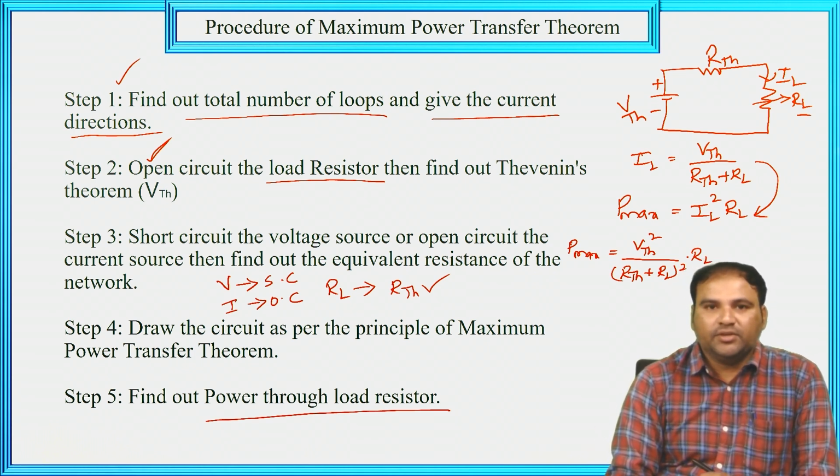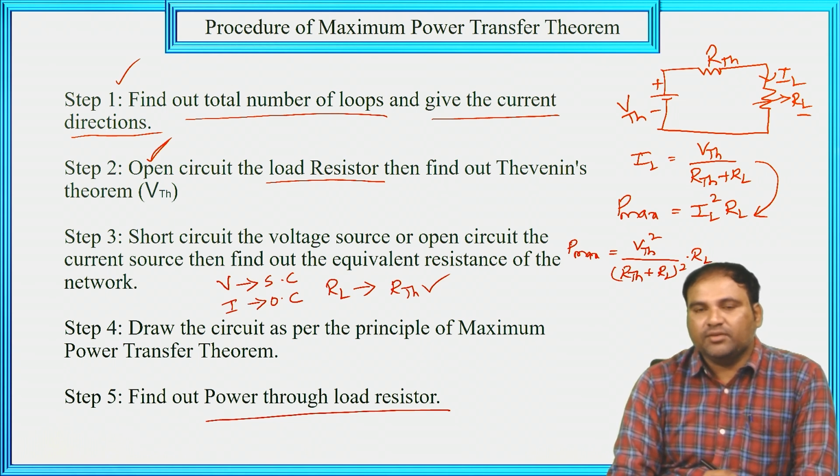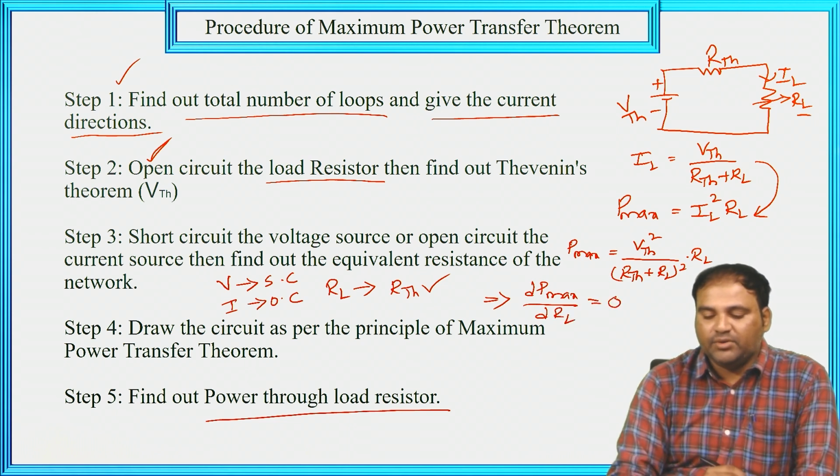Now we need to solve for the maximum power. Here the condition of the maximum power transfer theorem is dP max divided by dRL across the load should be equal to 0.